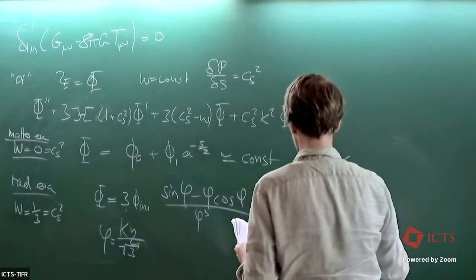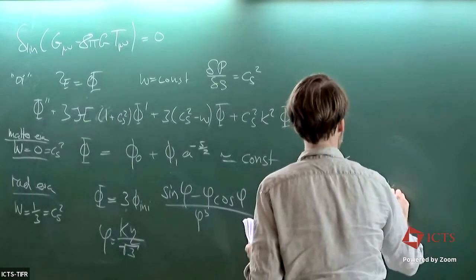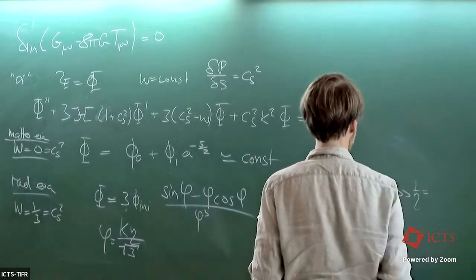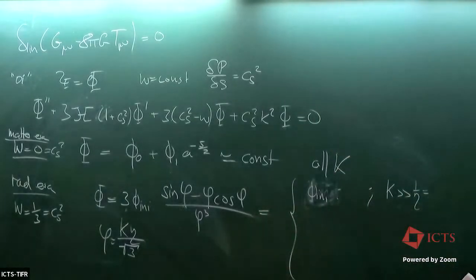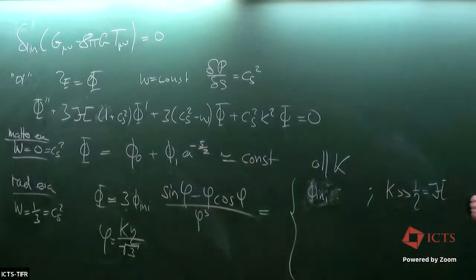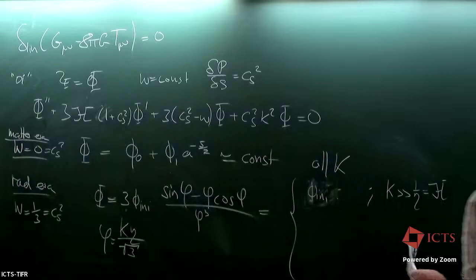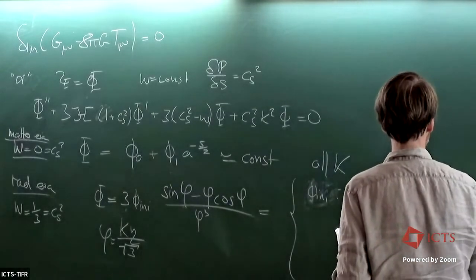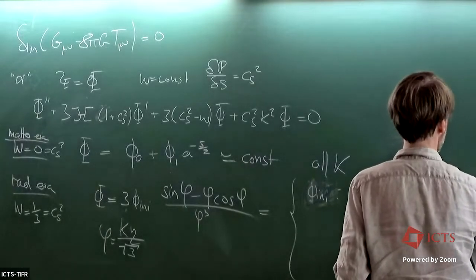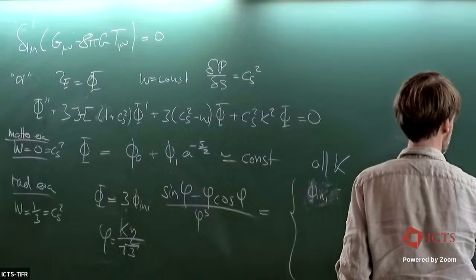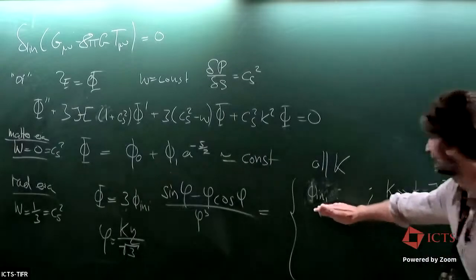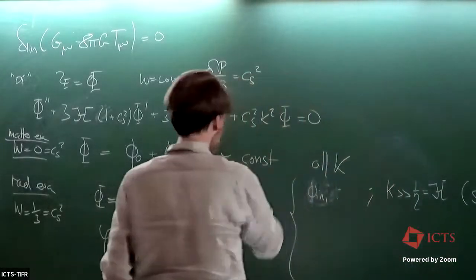This is true if k is much smaller than 1 over eta, which during radiation domination is just the conformal Hubble parameter. Something like that you might have already seen in the inflation lecture. This is what we call a super horizon mode. This is what we mean when we say super horizon modes are frozen. So we have this constant solution.